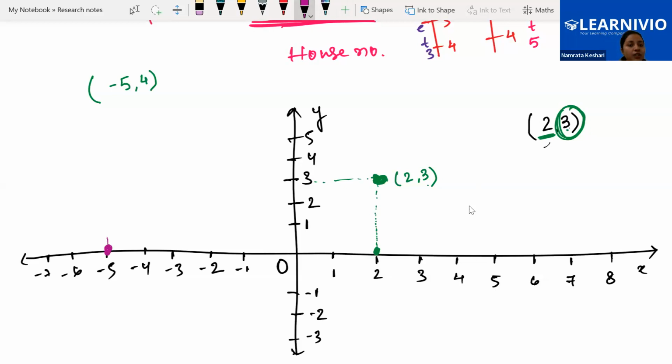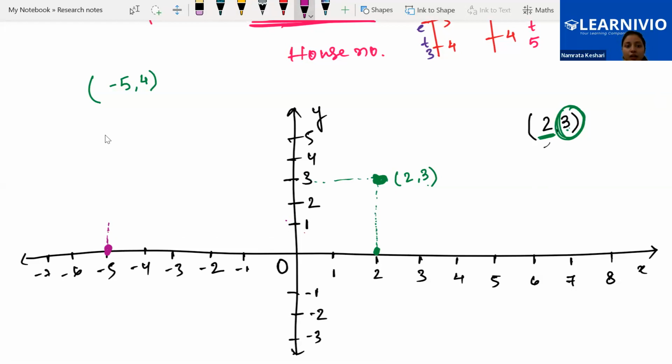Upward direction, how long do we need to go? If we go till here, that means we are parallel to 1. We are just parallel to 1. So this is 1. Here we cannot stop. We need to go ahead because y is 4. So we will keep on going.